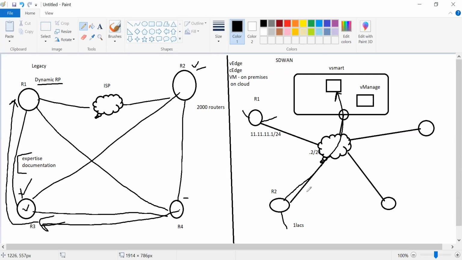One DTLS tunnel would be formed to vSmart by default. We cannot disable it. It is enabled by default. Once this tunnel is established, your 1 lakh LAN routes would then be exchanged inside this tunnel.